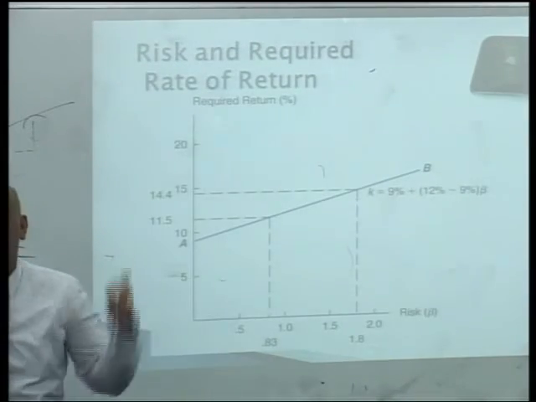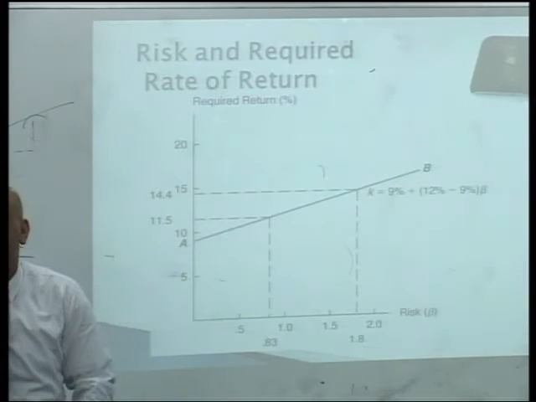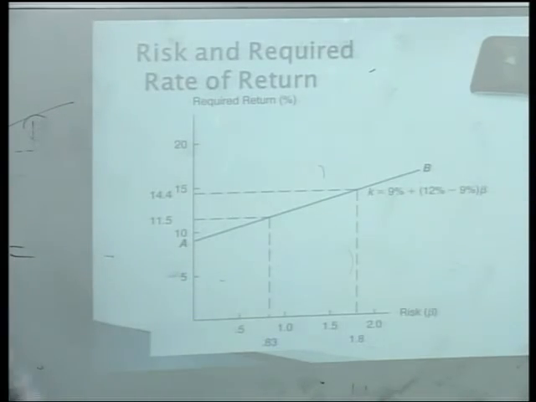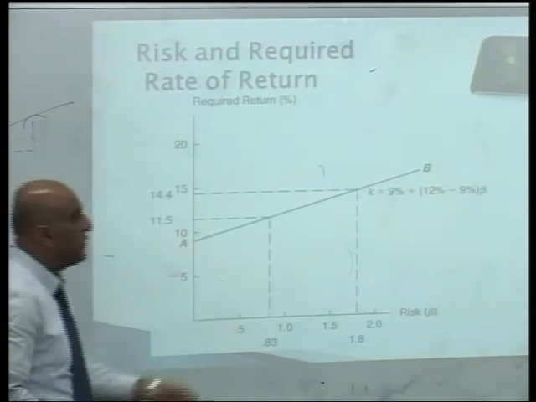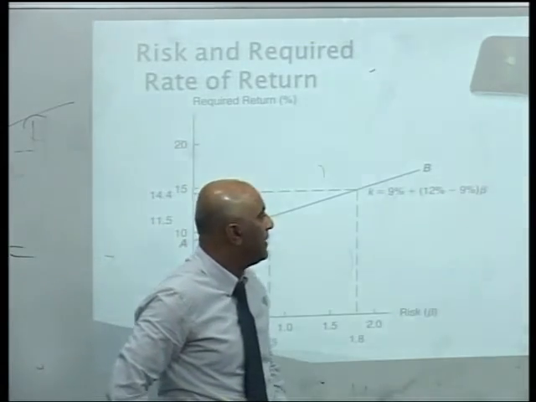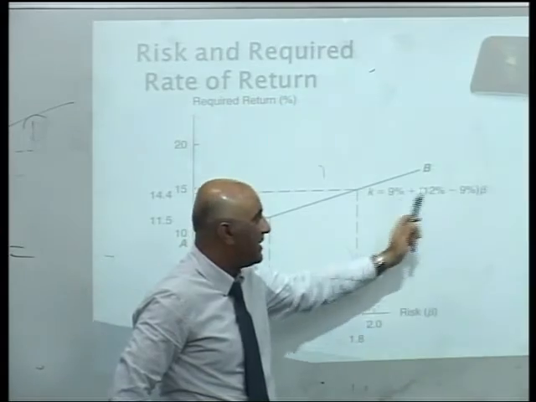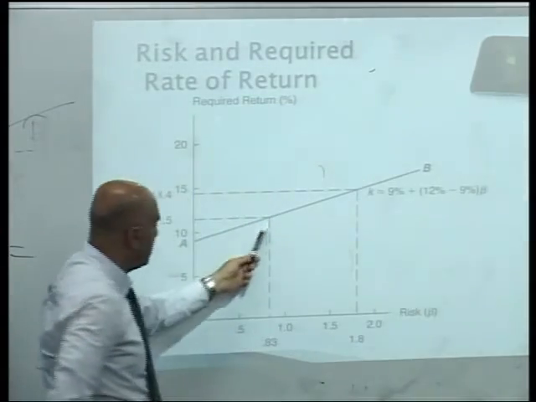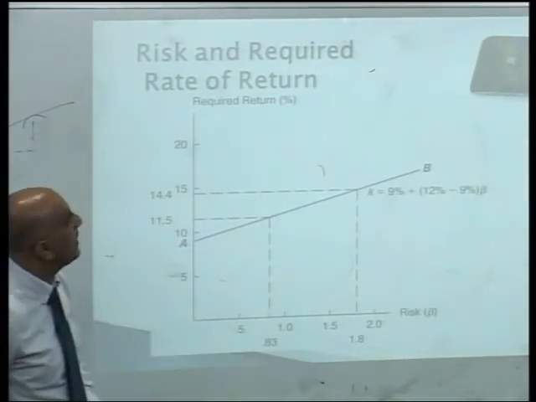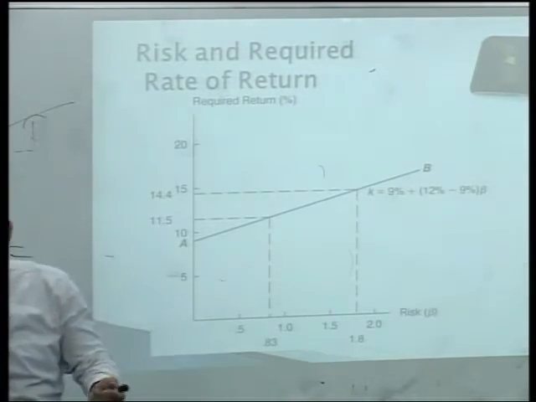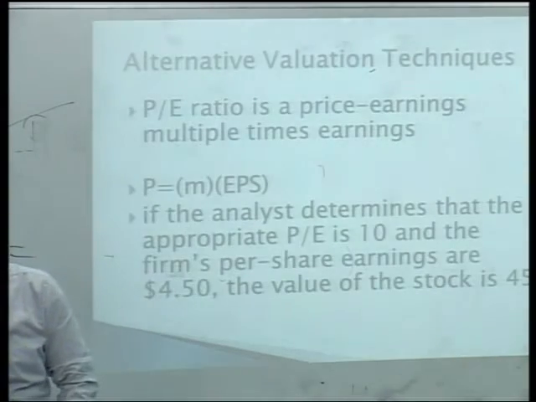Just to remind you of the required rate of return, as you are observing, the risk-free rate is 9%, the market return is 12%, and then beta. You can estimate beta by using the slope in regression or other functions.